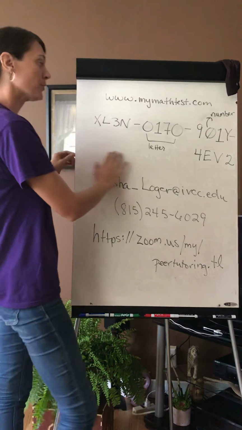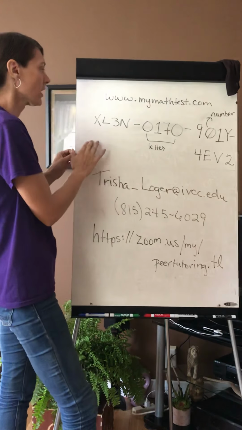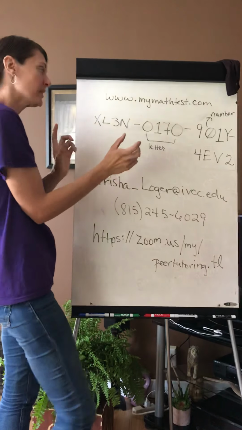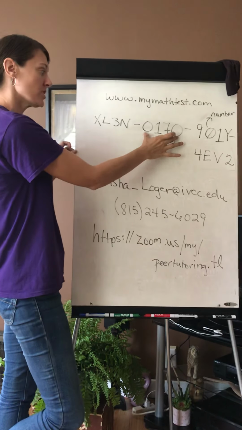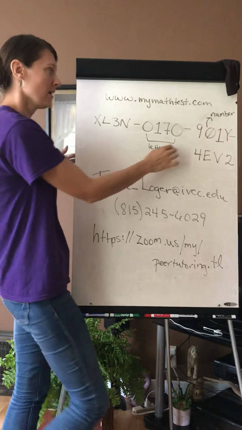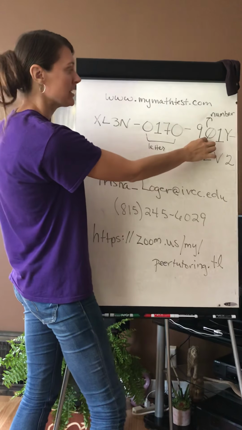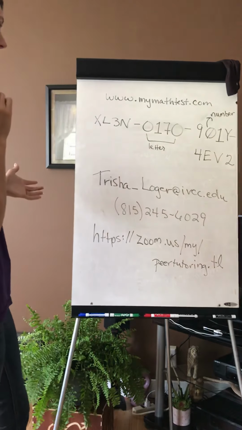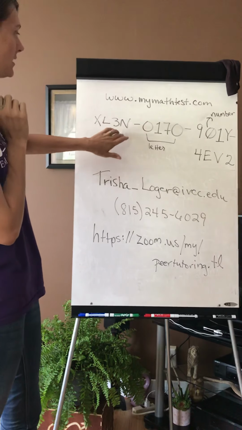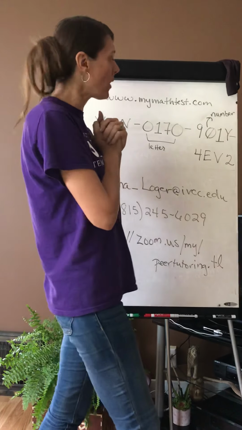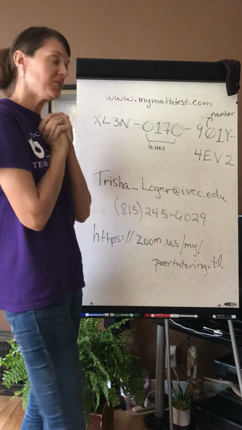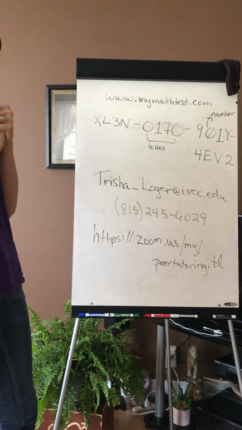So this is the program ID. Again, there have been a little bit of issues with this because these two O's in this second group of 4 digits are the letter O, and this one where I put the dash through it is the number 0. So it's XL3N 0170901Y 4EV2. So that's the program ID.